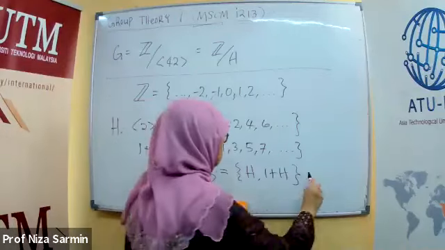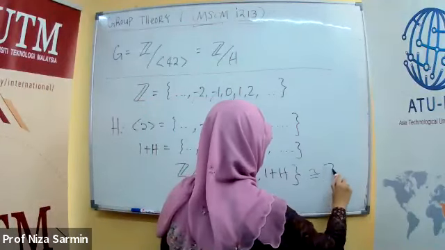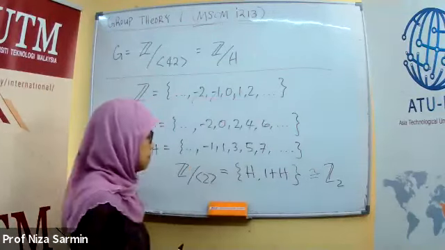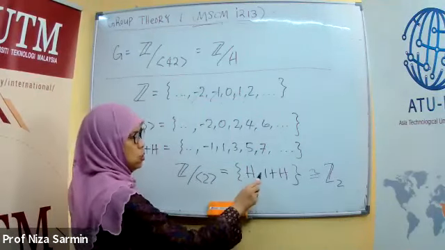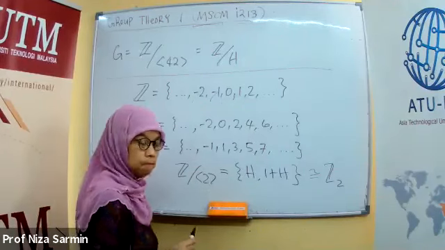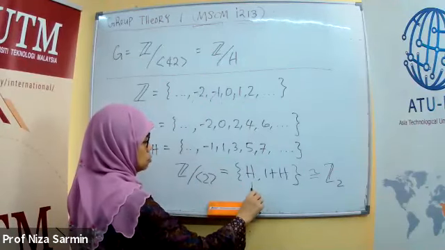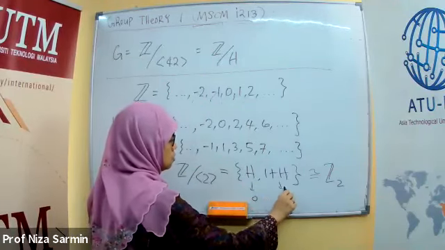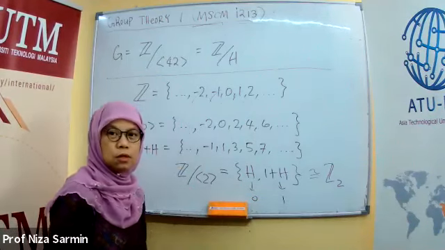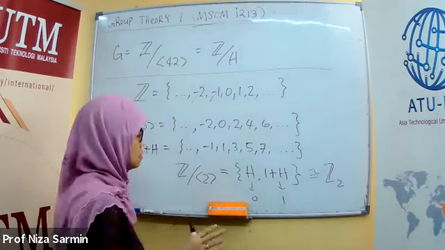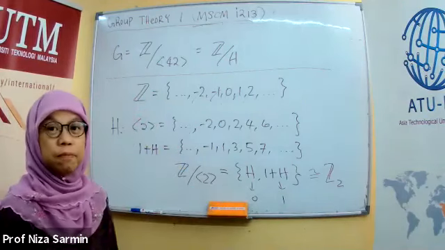And this is isomorphic to Z2. Because you have only 2 elements. Okay, this you can map to 0. This you can map to 1 in Z2. Isomorphism. So there are 2 of them.